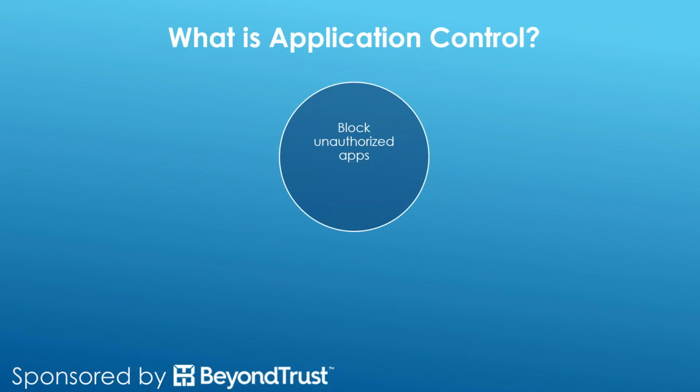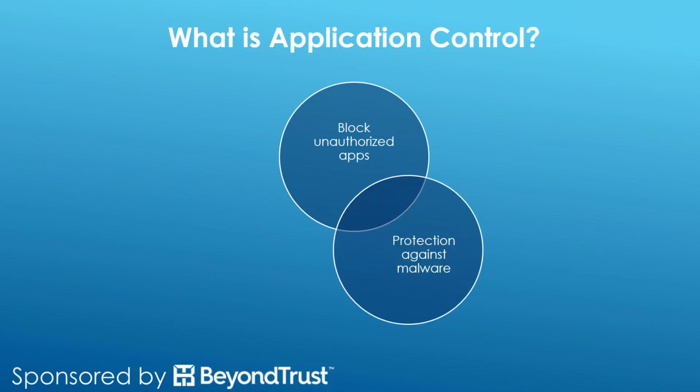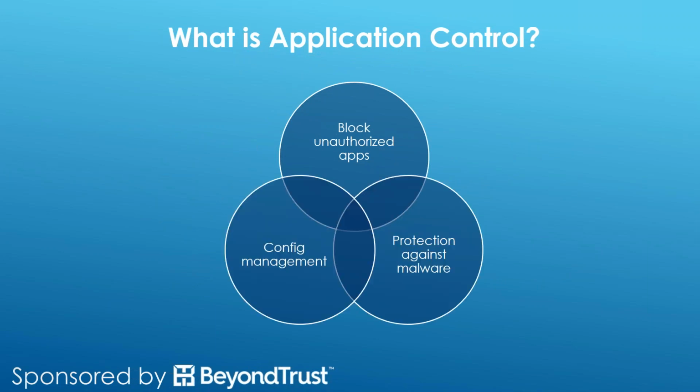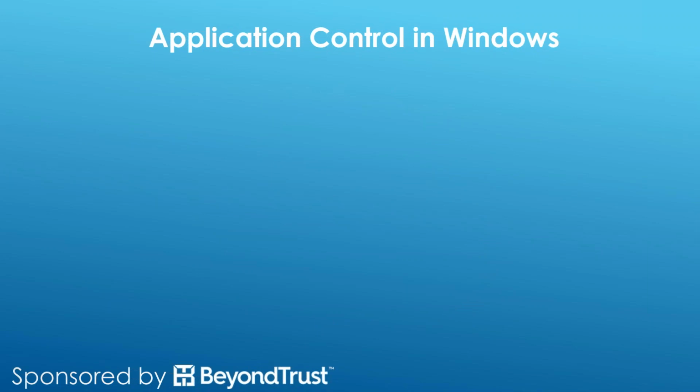We can block unauthorized applications, and that also includes applications that a hacker might get onto a system by stealth. It also helps with configuration management, because we don't necessarily want users installing software that we haven't tested, that maybe isn't licensed, or that might cause stability or usability problems with the system.